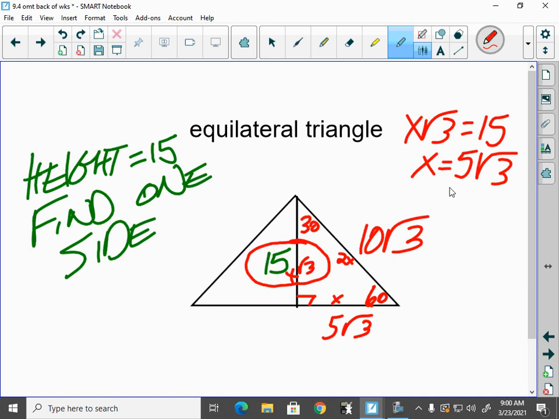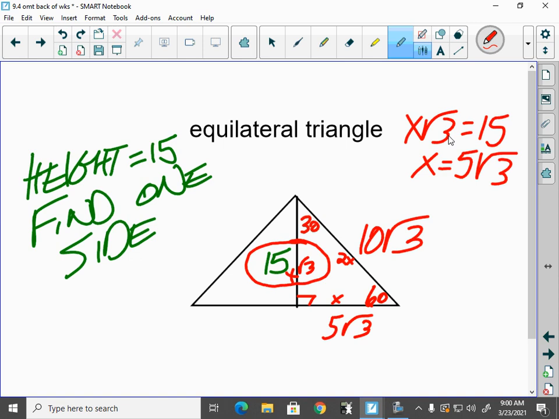So remember, at least one point, I did one problem on the board where I said, hey, everybody, this is really what's going on. Do you remember that? I said, here's what's really going on. X square root of 3 equals 15. Get away from x. So then this is an illegal answer. So then you have to rationalize the denominator. So that's 15 square root of 3 over the square root of 9.